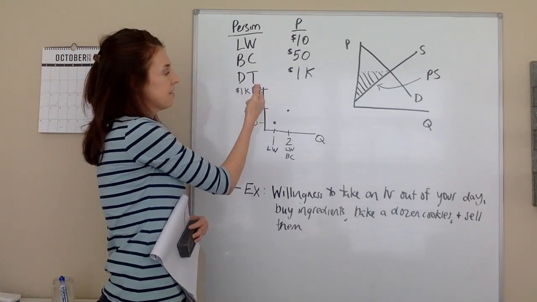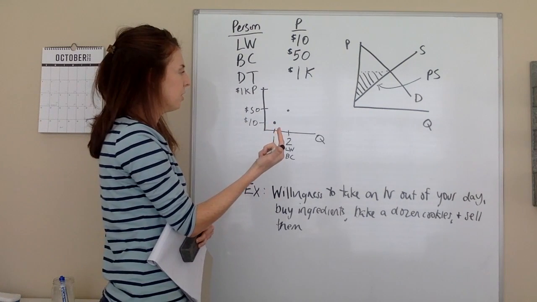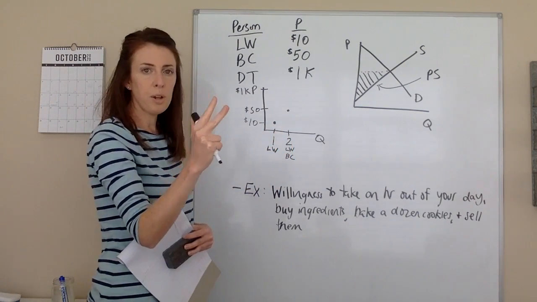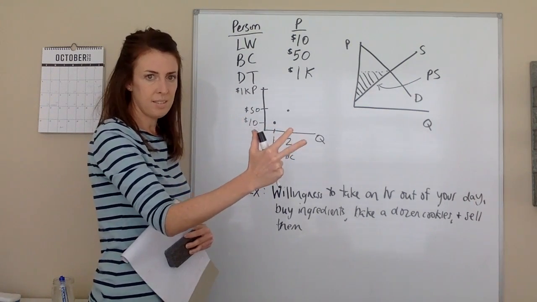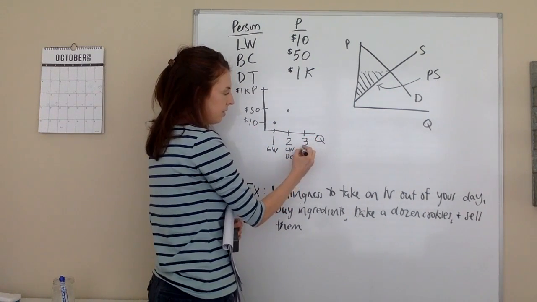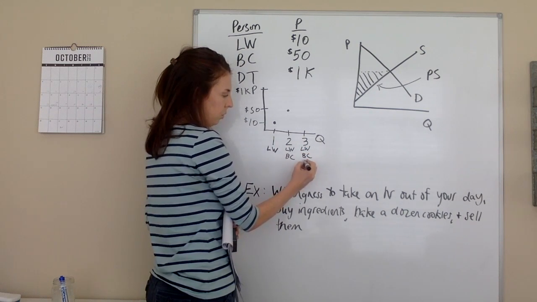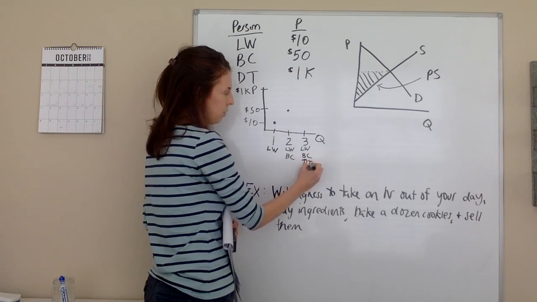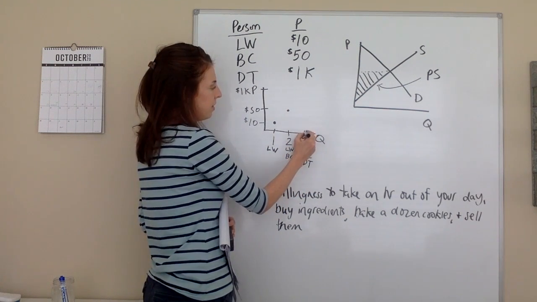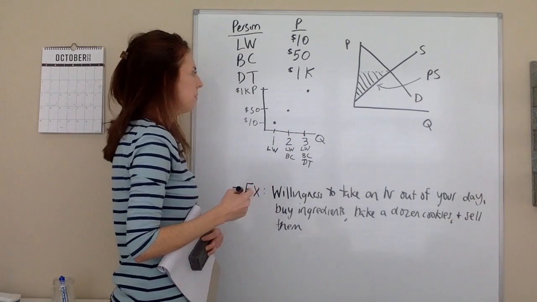Donald Trump says, if you pay me $1,000, I'll take an hour out of my day and make cookies. So now we've got 3 people, each chipping in a dozen cookies in the market. So we're going to have a quantity of 3 dozen: 1 dozen from me, 1 dozen from Bob Caslin, 1 dozen from Donald Trump. But at this quantity, we're up here at a price of $1,000.